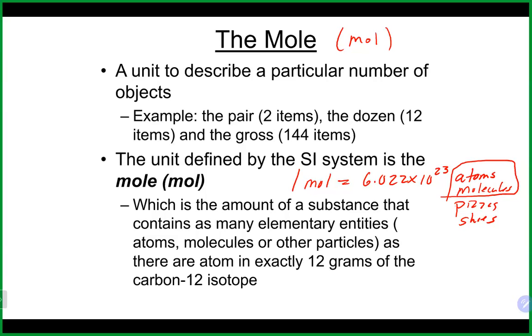That number is what is referred to as Avogadro's number. It is atoms or molecules depending on how you're doing the calculation. So the number stays the same, but the unit can vary depending on how you're applying it. The two most common ways that we will use Avogadro's number are atoms and molecules.